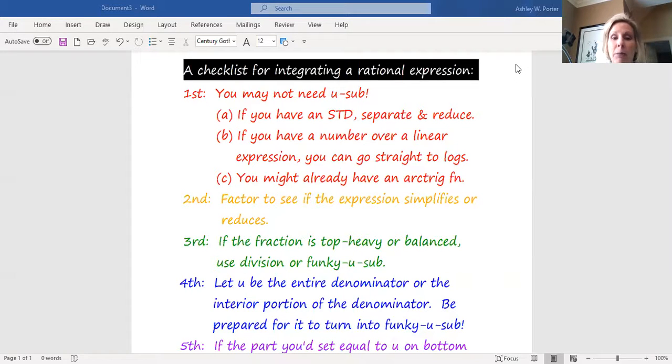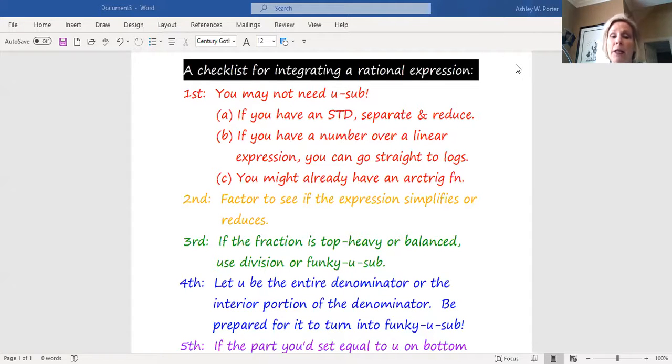If you have a number over a linear expression, so if you have something like 5 over x plus 6, guys, you can go straight to logs. You might already have an arc trig function, and so there's no need to do anything except just recognize the arc sine or the arc tangent structure.